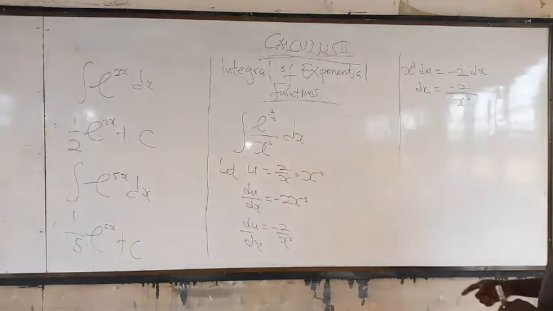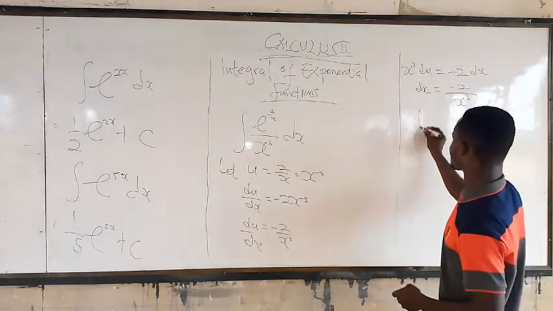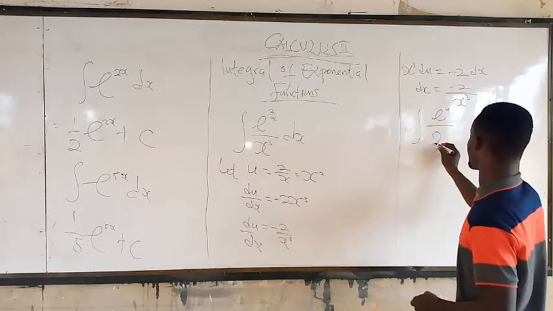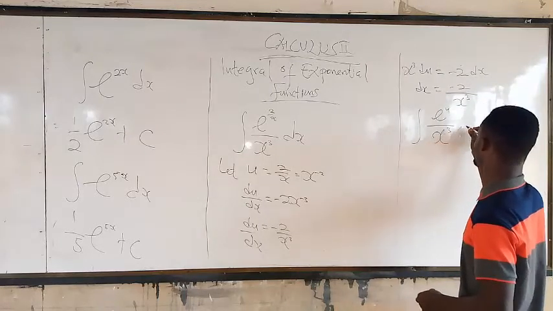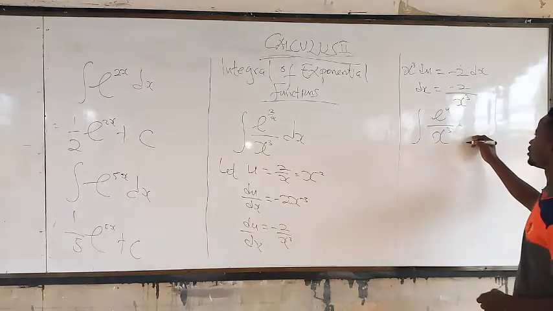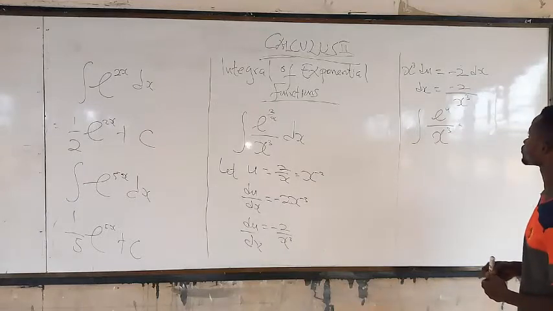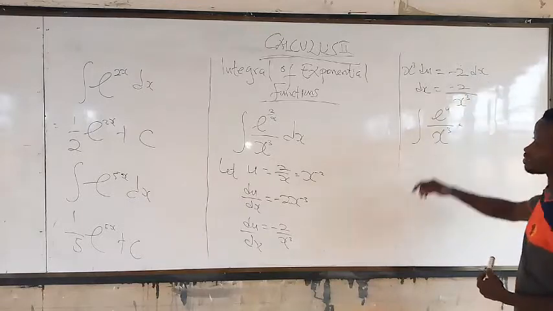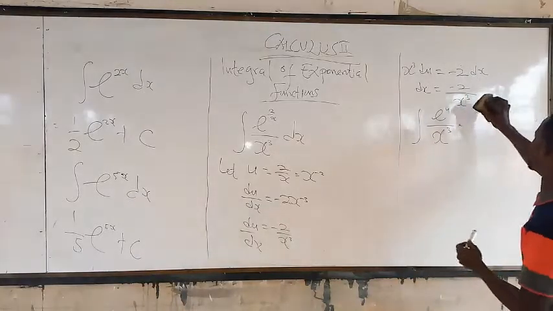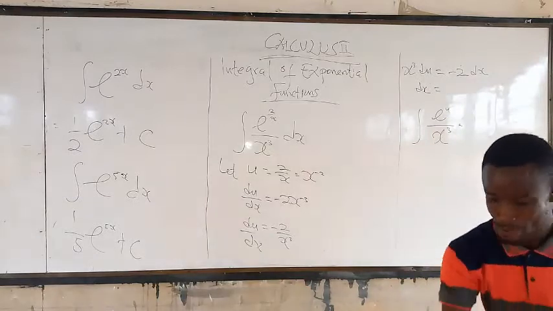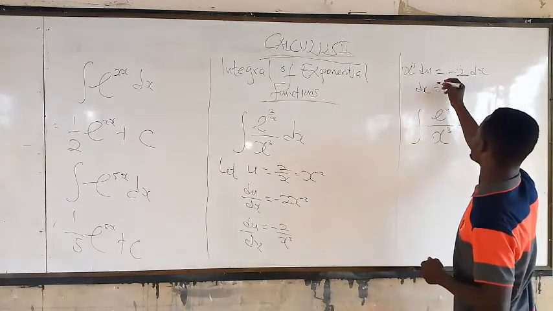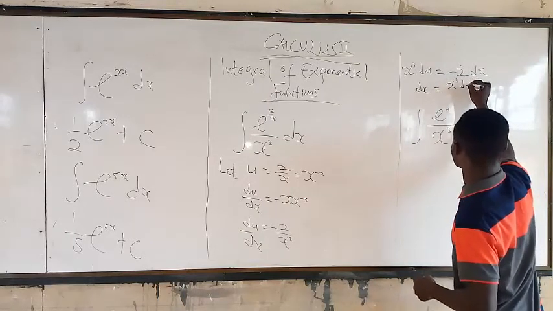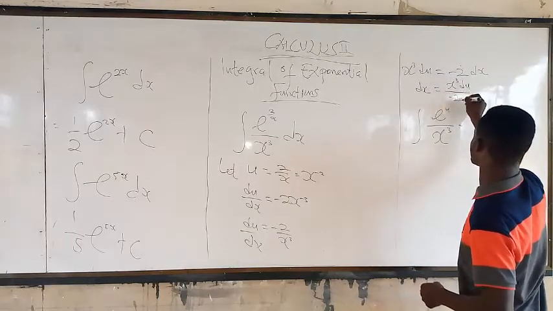So, by substitution, we are going to get the integral of e raised to the power u over s cube times ds. Oh, ds, sorry, ds is going to be equal to s cube du over negative 2.